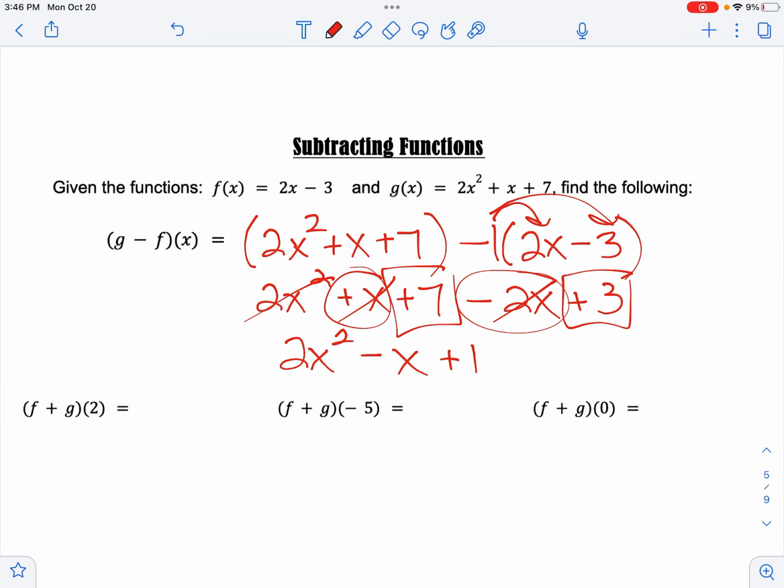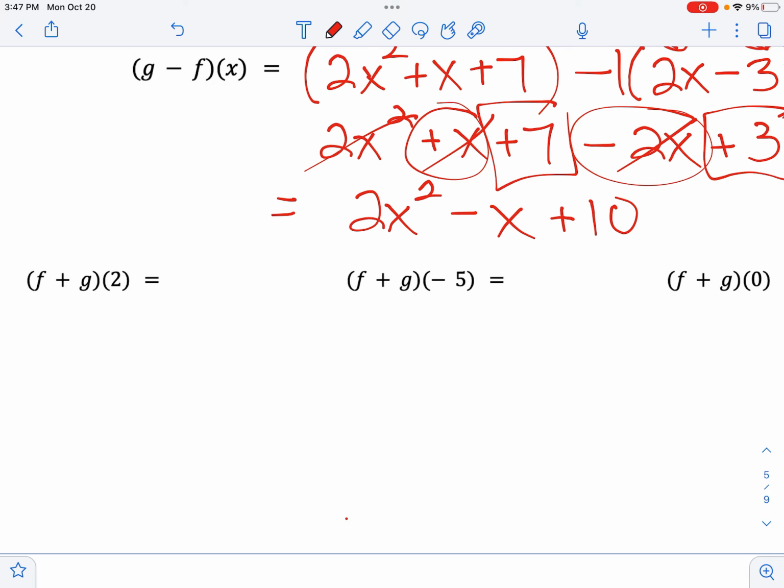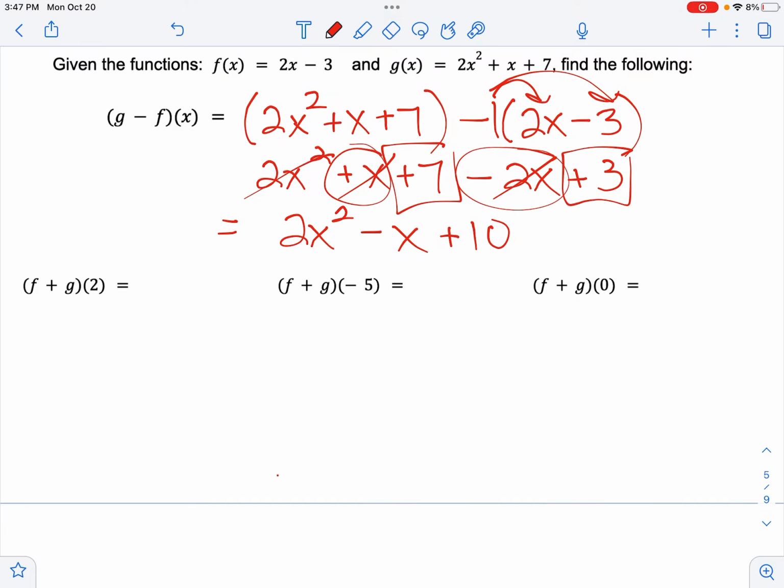Okay, cool. And now we just are going to evaluate at the same three numbers. Except this should be g minus f. This should be g minus f. And this should be g minus f.